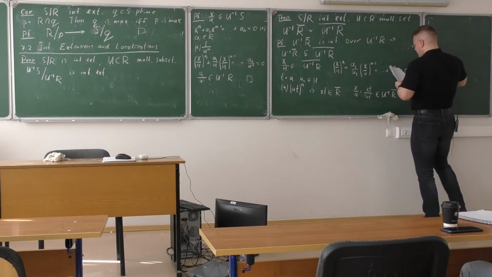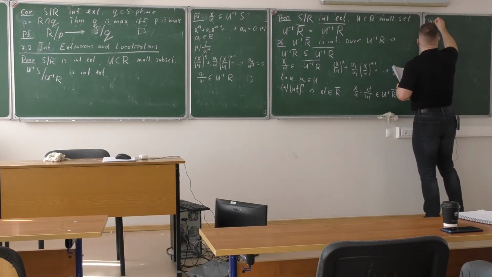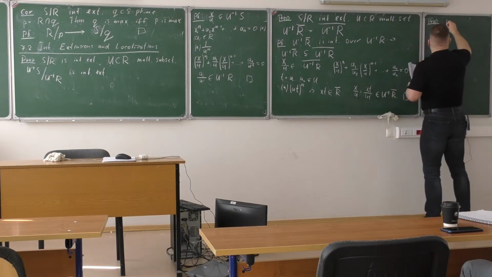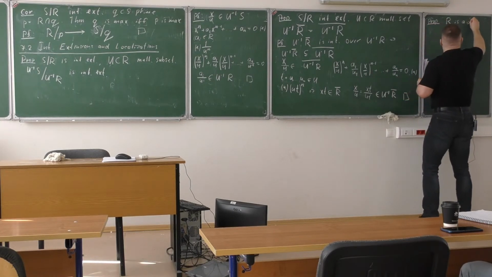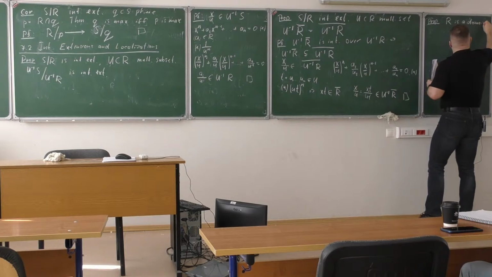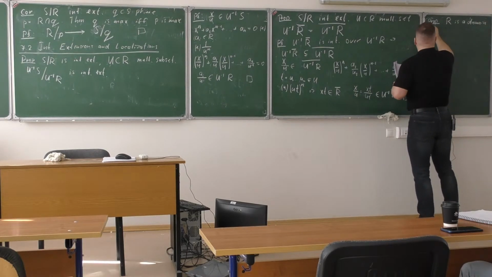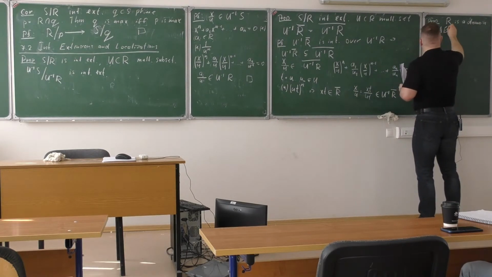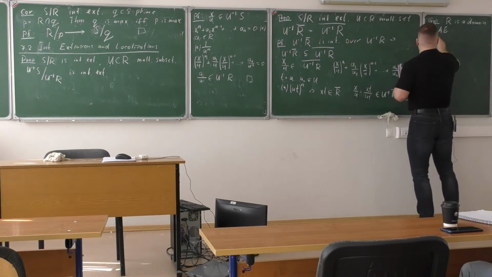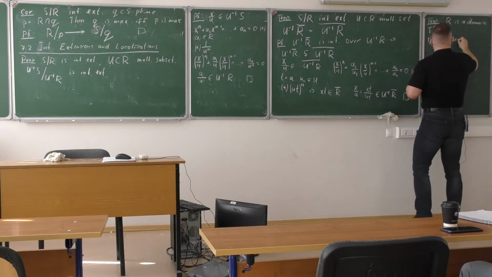So I'm calling this a proposition, or I can as well call it a corollary. Okay, let's call this a proposition. R is a domain. Then the following are equivalent. First, R is normal.